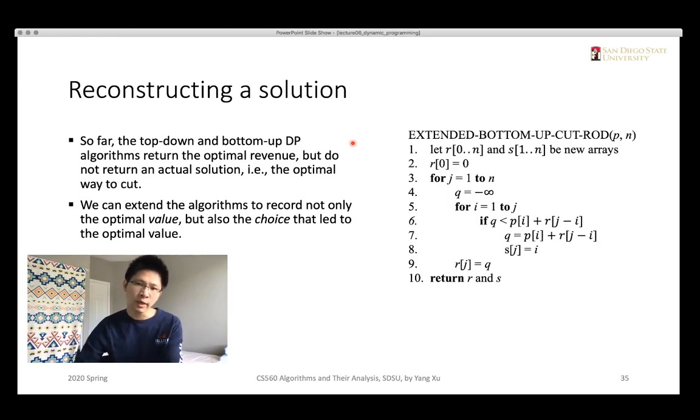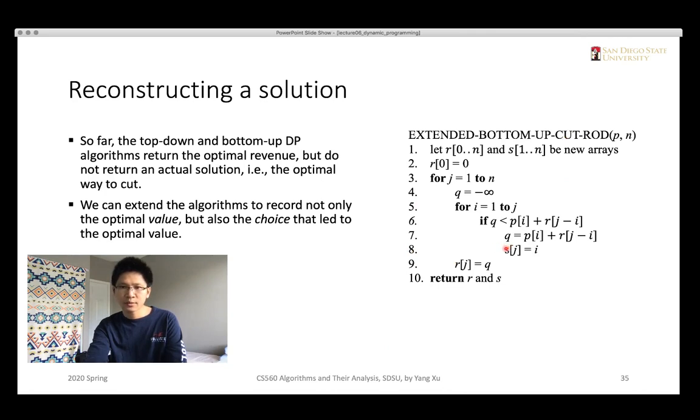So one way to extend the bottom-up approach is to look at line 8. We have one more line of code. The difference between this extended version and the original bottom-up version is only line 8.